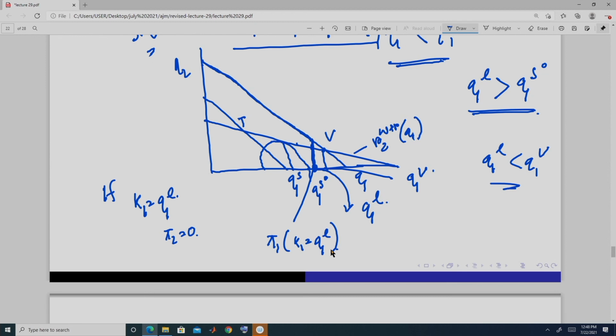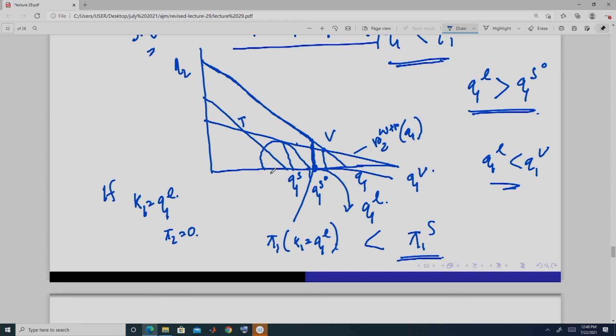But suppose, this is the profit if output of firm 2 is 0 and firm 1 is getting the Stackelberg profit, then the profit is here. This is the monopoly profit, so it is closer. So, this profit is less than the profit of Stackelberg.